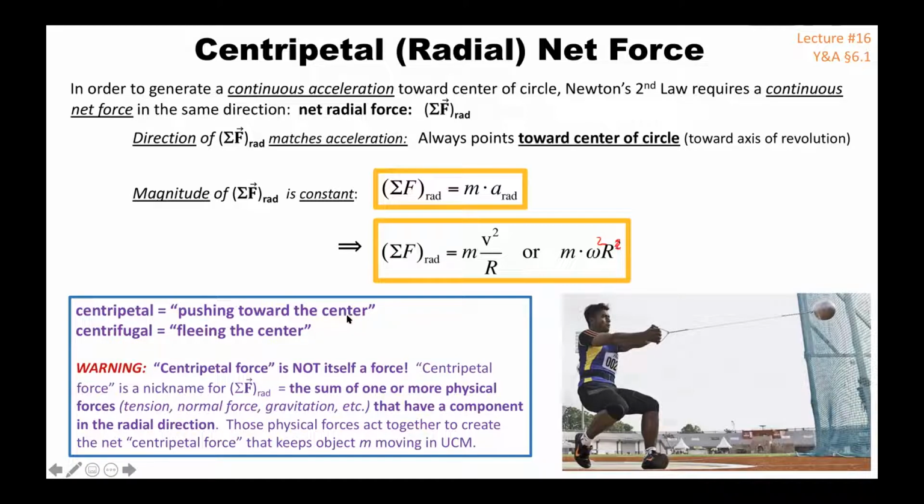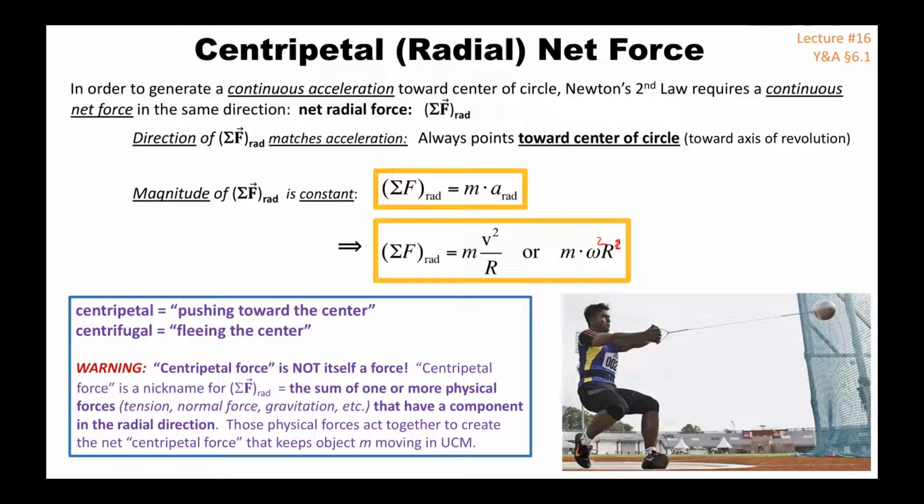So centripetal acceleration is toward the center of the circle. Centripetal force is a nickname that's sometimes used for this net radial force that is toward the center of the circle as well. The term centrifugal, "fuge" means flight or flee, and so centrifugal means fleeing away from the center.